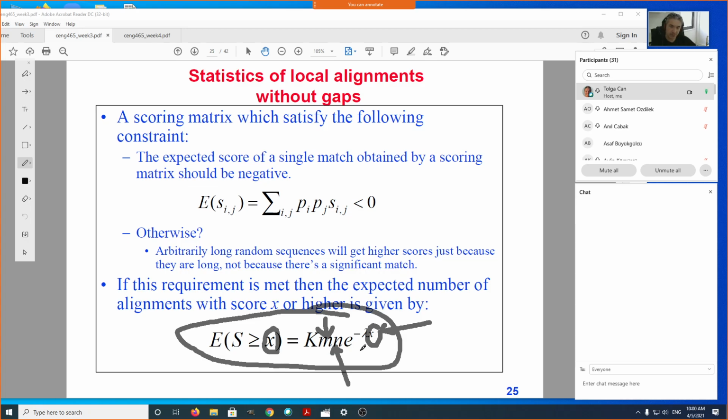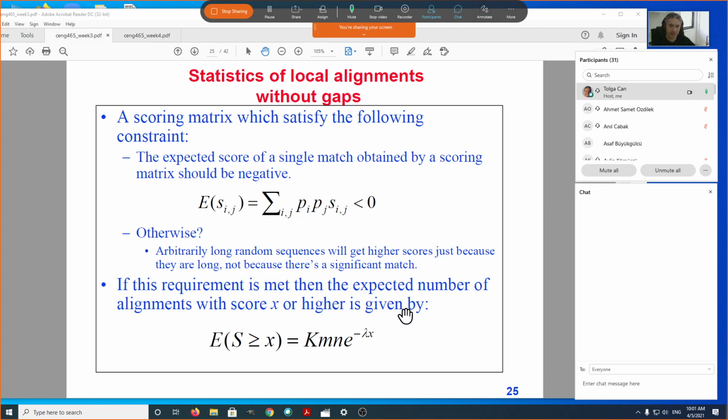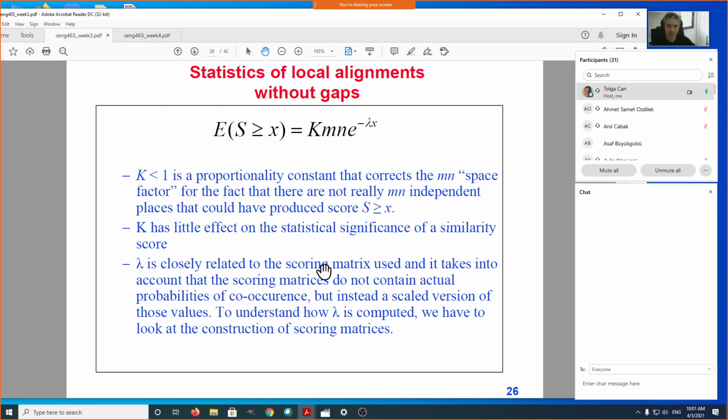So it's like this e to the minus lambda X is 1 over e to the lambda X, and therefore as X gets larger, your E value is going to get smaller logarithmically. All right, so this is what you should get out of this equation. And the only thing that I'm going to discuss here in more detail is what this lambda is.